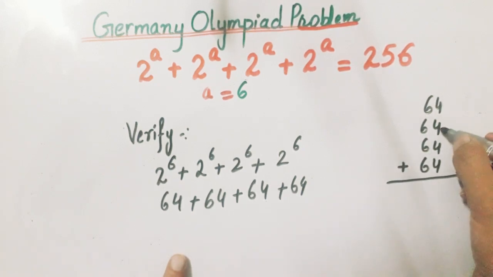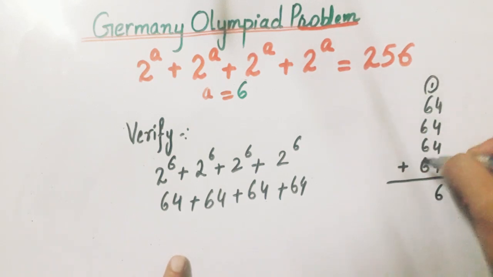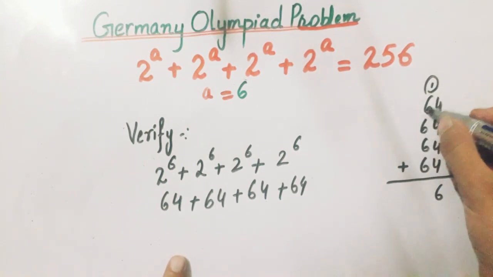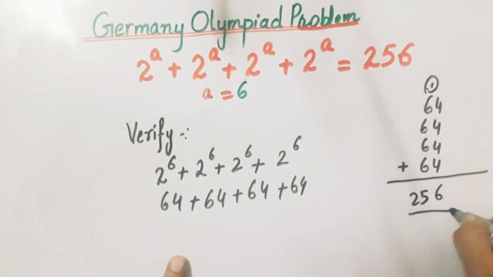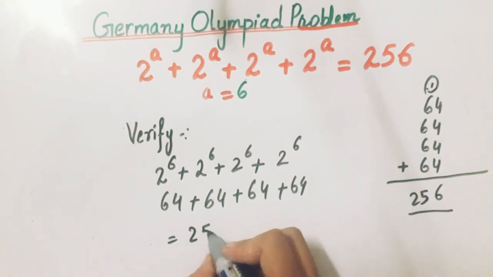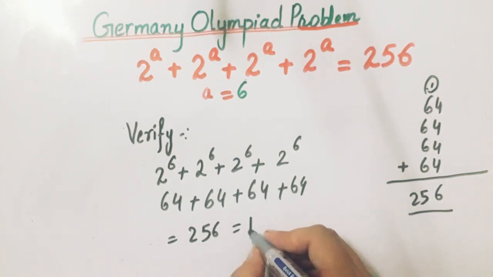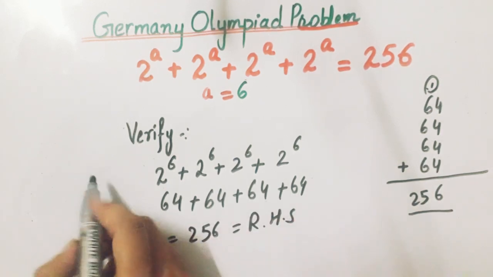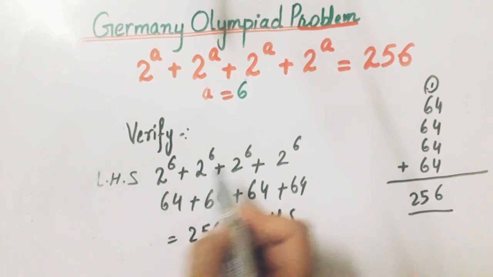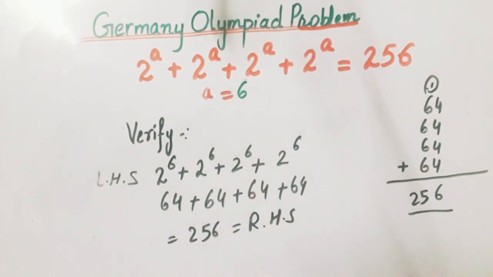So 4 plus 4 is 8, 8 plus 4 is 12, 12 plus 4 is 16, 1 carry, 6 plus 6 is 12, 18, 24 and 25. So we get 256, that equals the right hand side. Now you can see by taking the left hand side and substituting the value of a equals 6, we get the value of the right hand side.